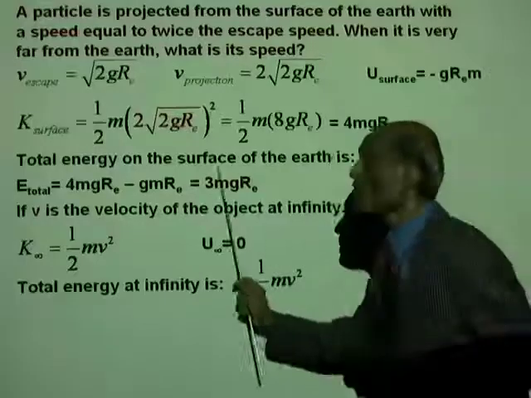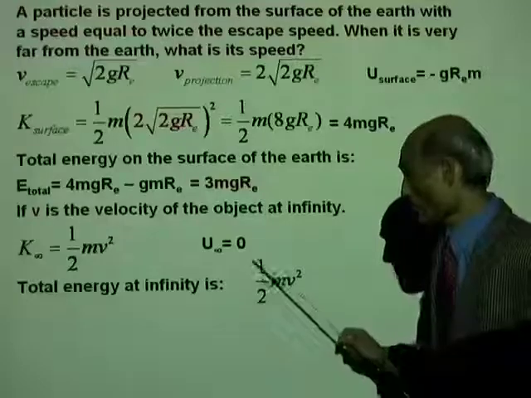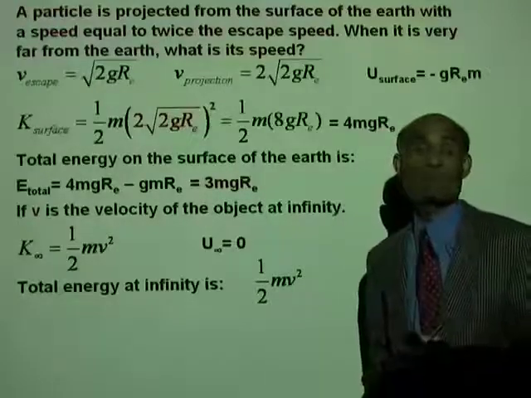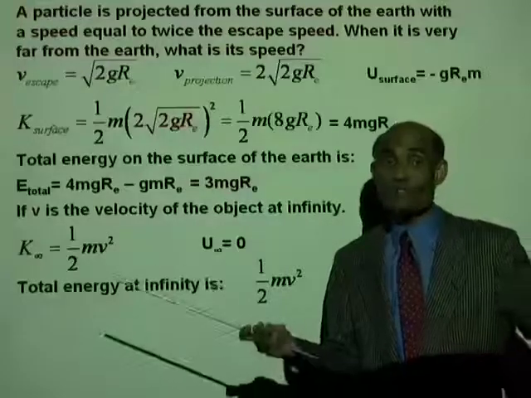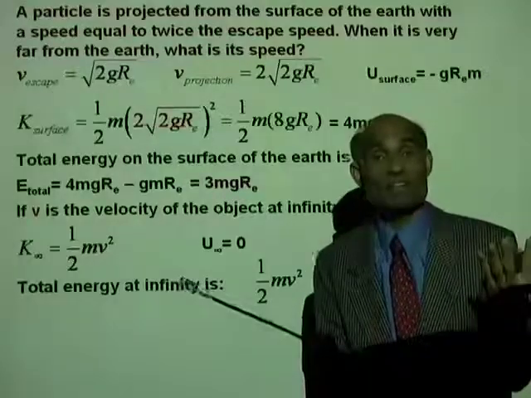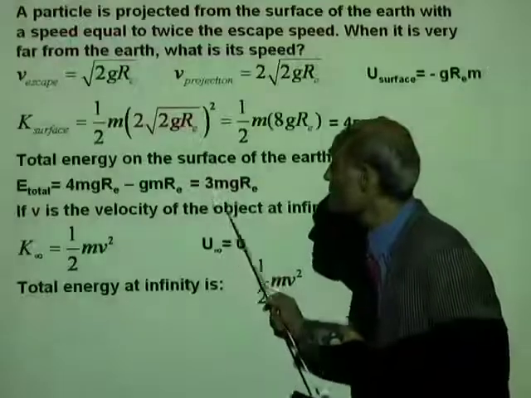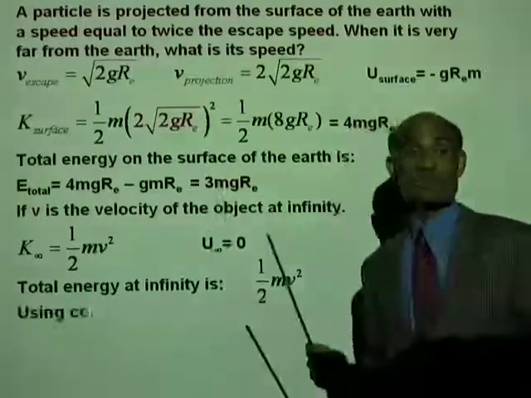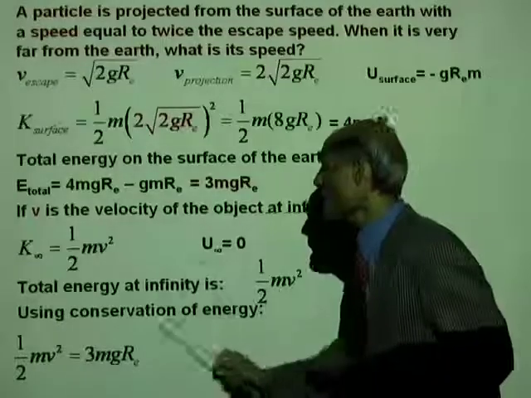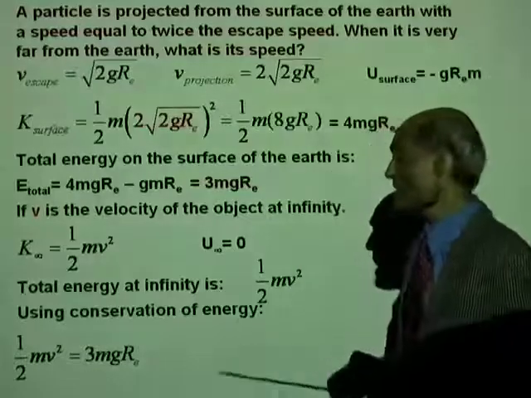The total energy on the surface of the earth is 3mGRE. Well, you can see all these problems are solved using conservation of energy. The total energy at infinity must be equal to the total energy on the surface of the earth. So according to the conservation of energy, 1/2 mv squared equals 3mGRE.